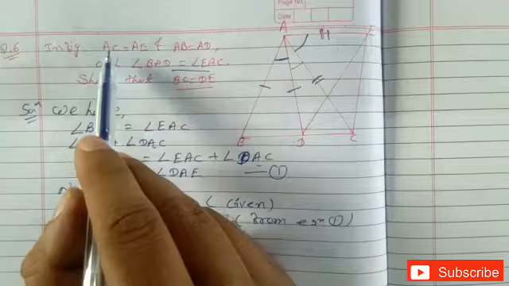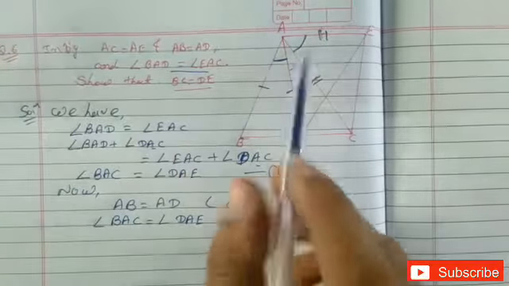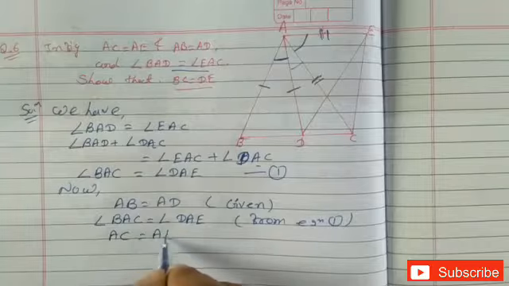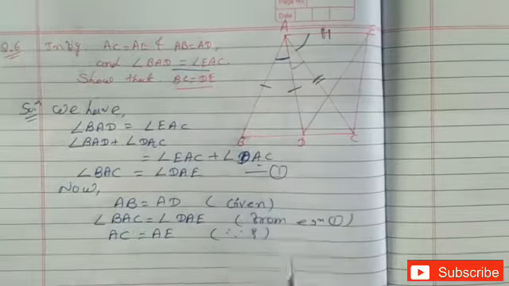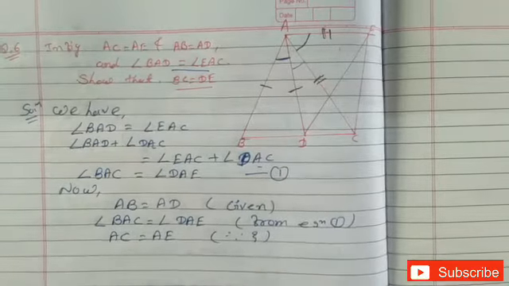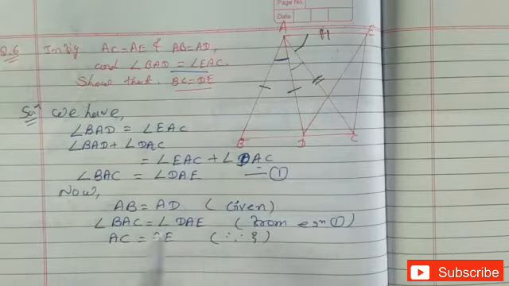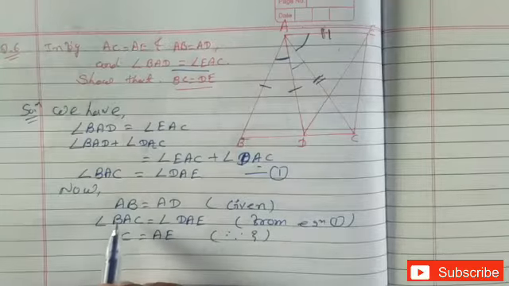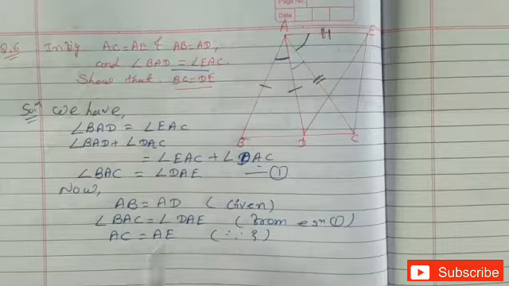And the third thing is AC equal to AE. Look at here. AC is equal to AE. What is the reason? Okay, you can write here the reason. Now look at here. We have AB equal to AD, BAC equal to DAE, and AC equal to AE.